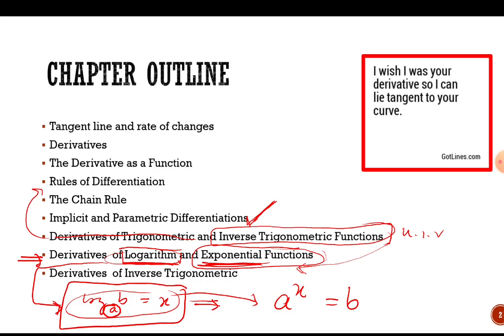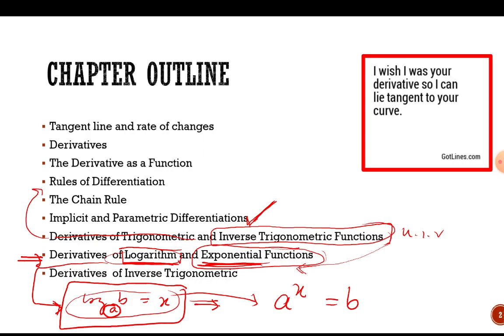Alright, I'm not sure whether some students from the art stream have learned about logarithmic and exponential functions or not, but I'm sorry, I'm not able to discuss everything again about them here.